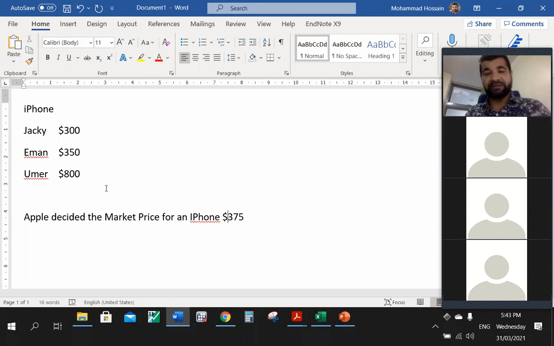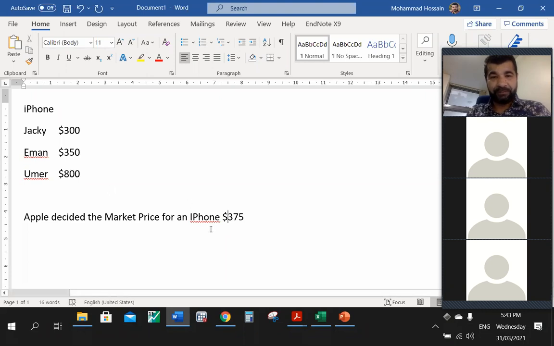Which iPhone has this price? iPhone 12? No, 12 will not be this price. Okay, let's say iPhone 2.